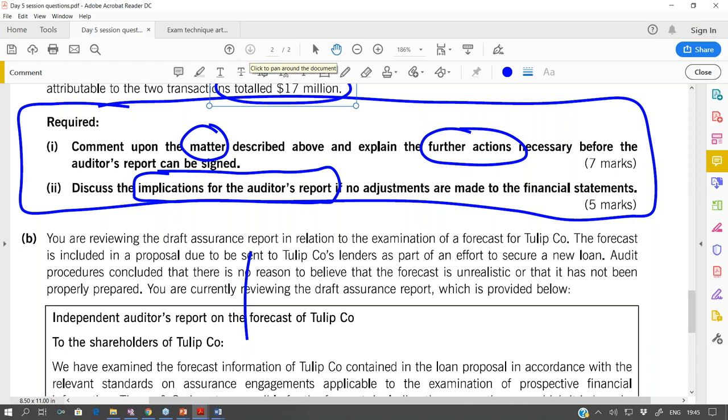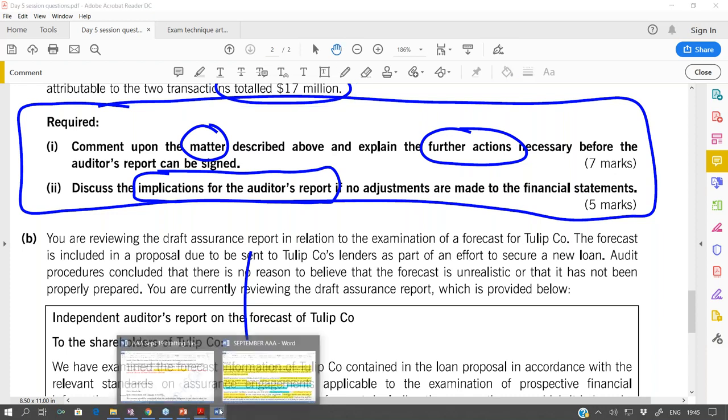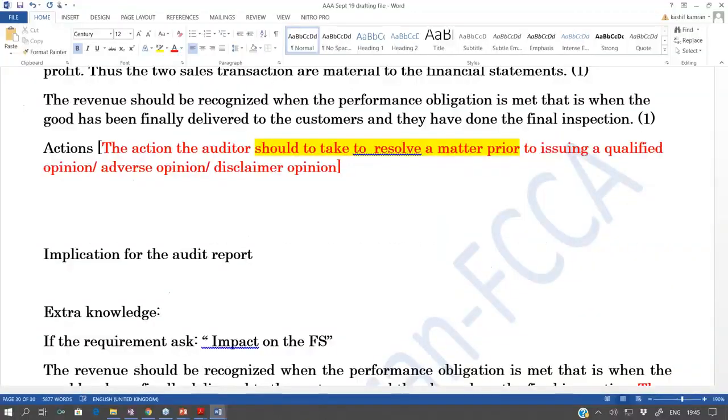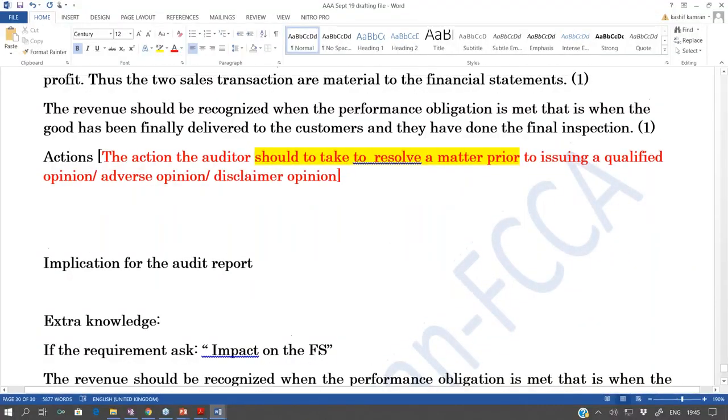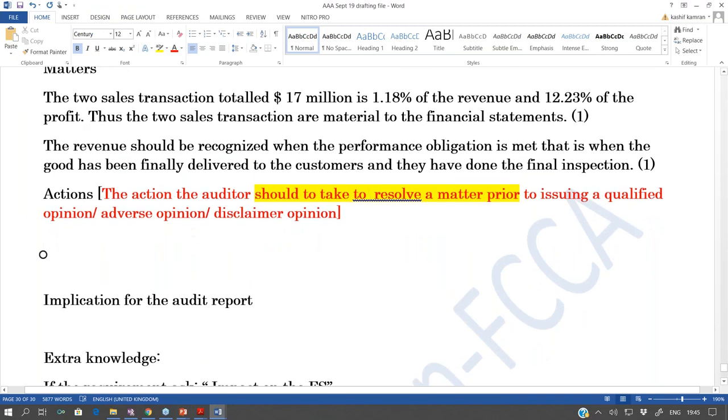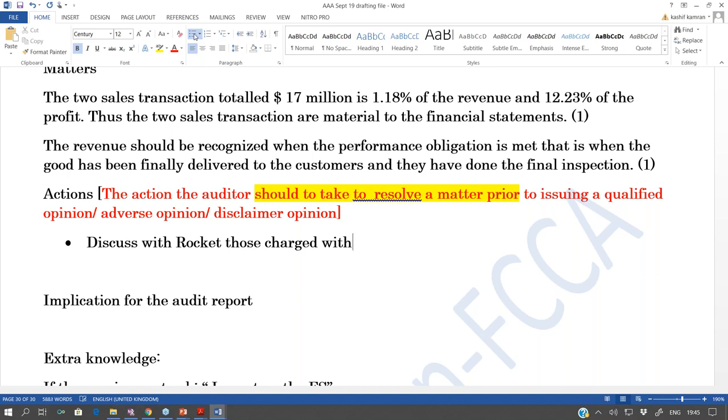Now, firstly, should I be discussing with the management the accounting treatment, which is the first action, number one: discuss with those charged with governance, or discuss with Rocket's finance director, because he was speaking to us in the last paragraph.